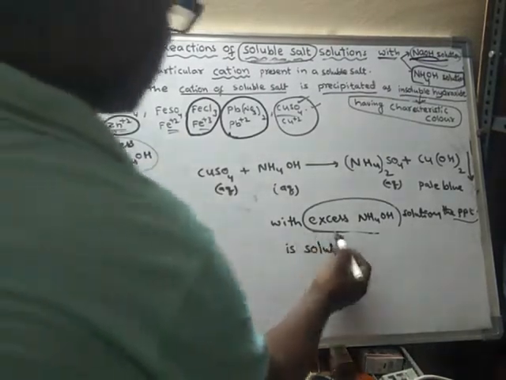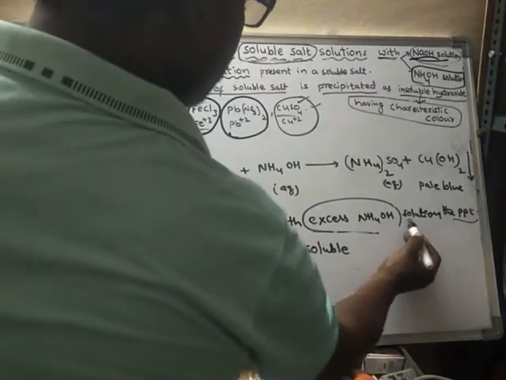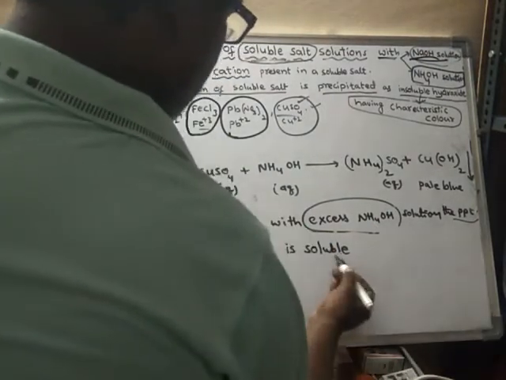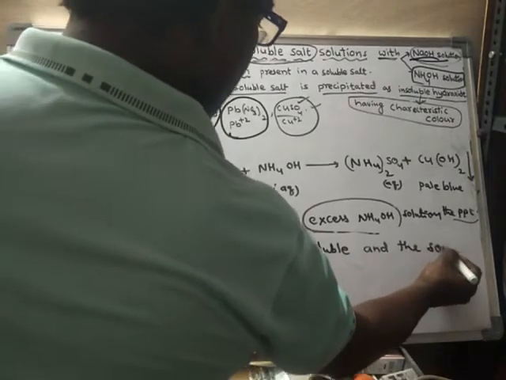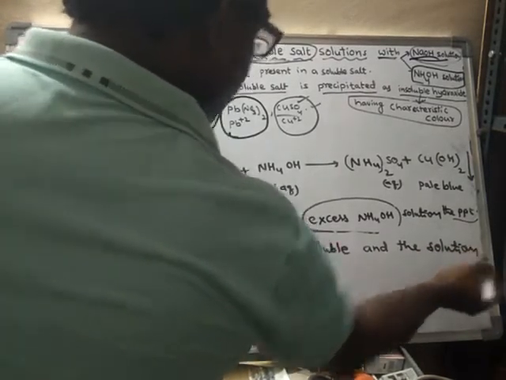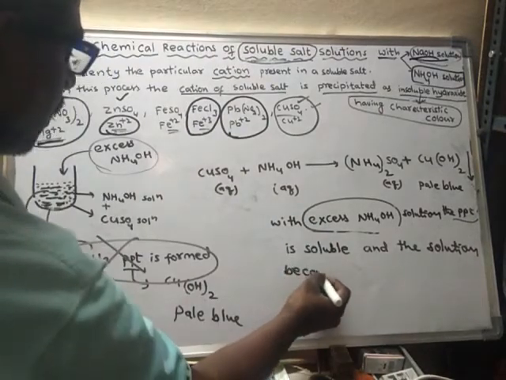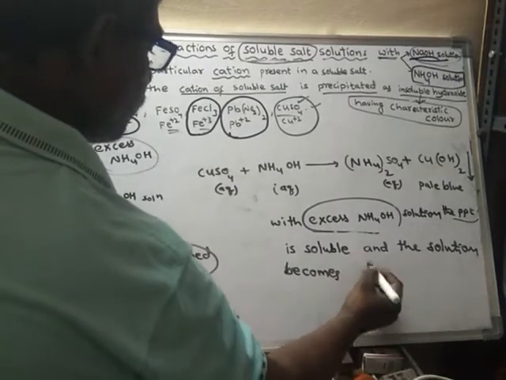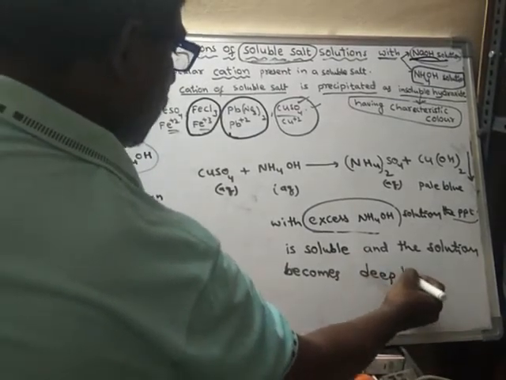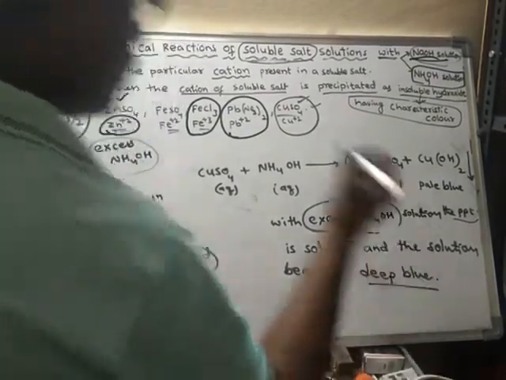So with excess ammonium hydroxide solution, the precipitate dissolves, and a deep blue solution is formed.